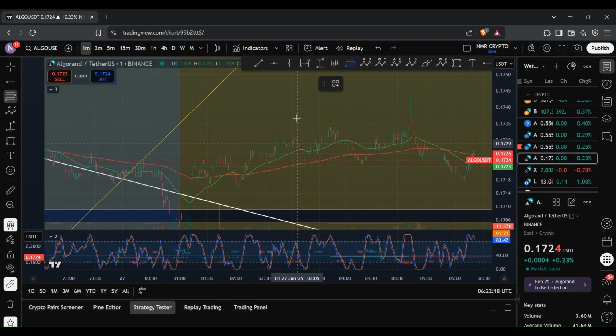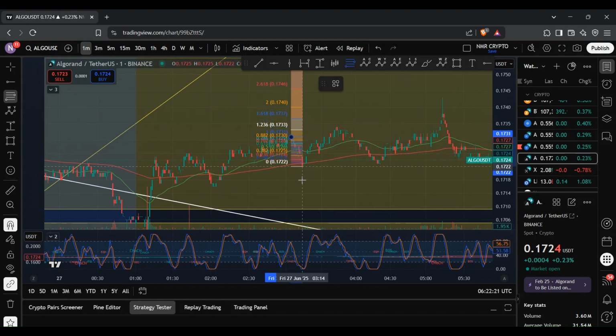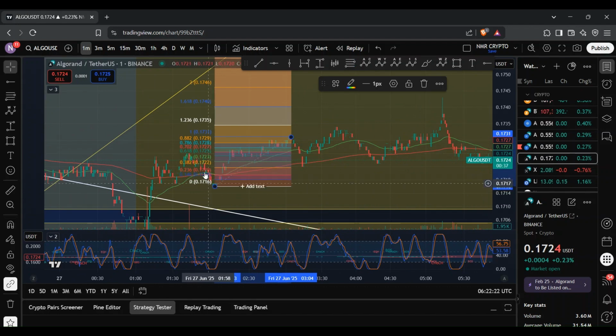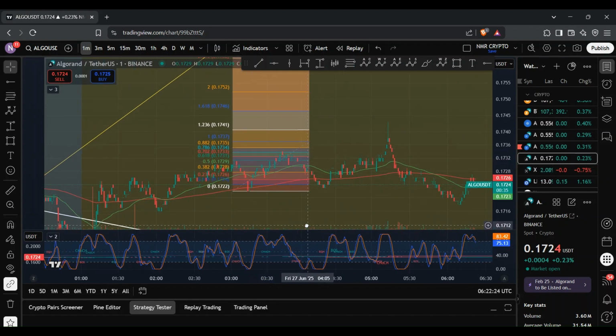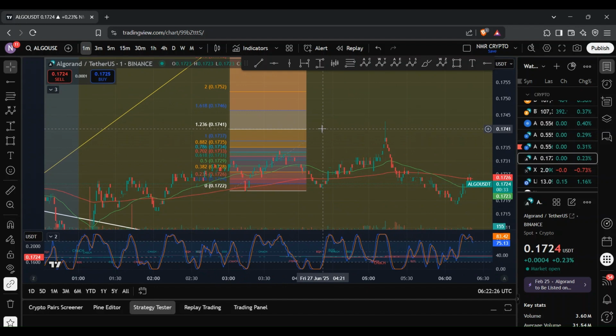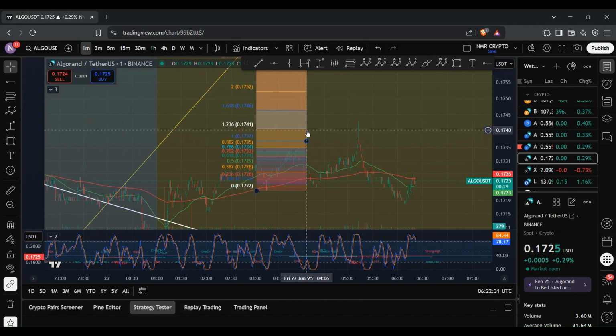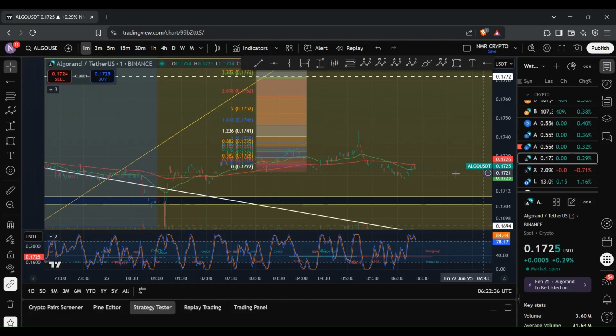So if I use the fib tool, and yeah, we're more or less extended beyond the typical requirements for that Y wave, where as you can see, we have a WXY structure over here, and we failed to reach the 1.618 resistance level.